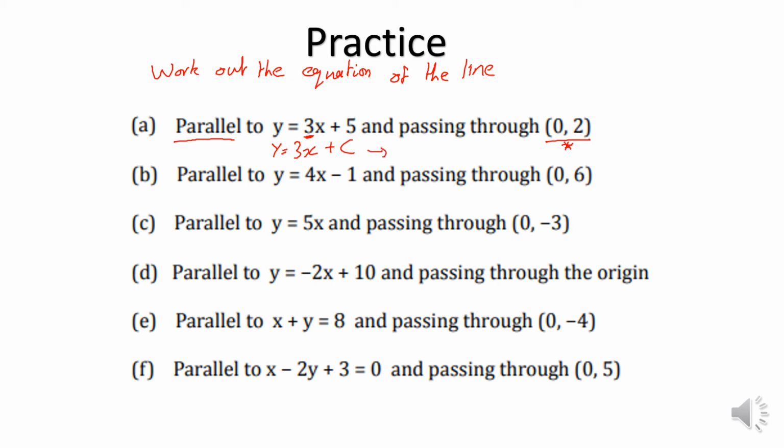So if x is 0 and y is 2, we've got 2 equals 3 times 0 plus c. So c equals 2. So answer for this first one, y equals 3x plus 2. So we've worked out our constant at the end by substituting in.